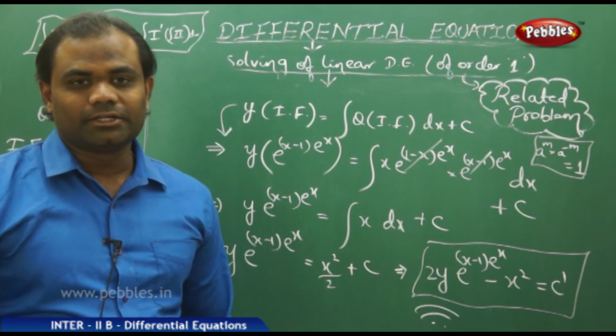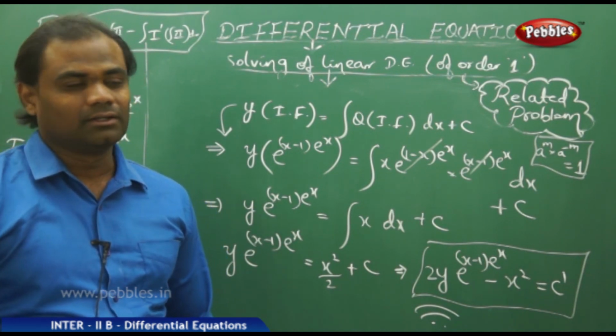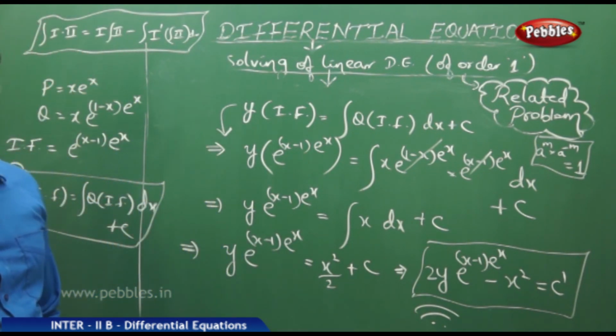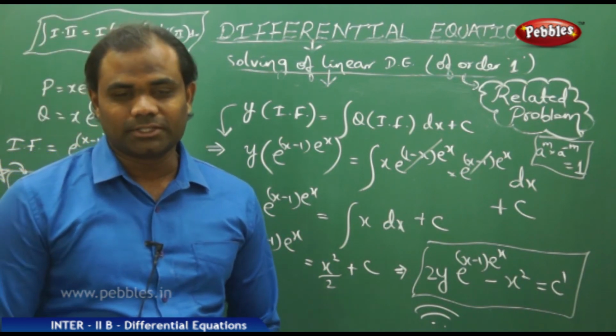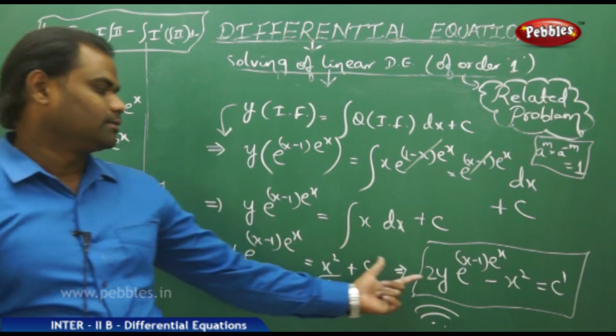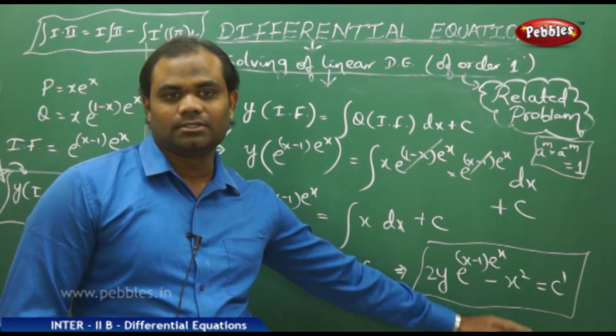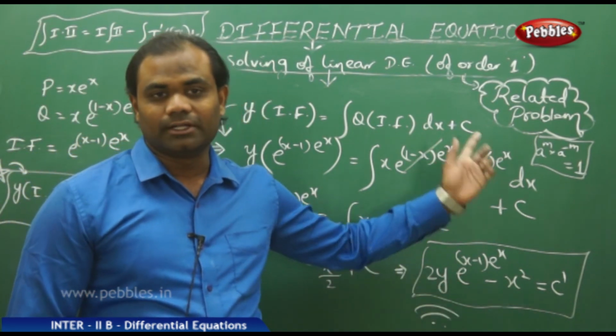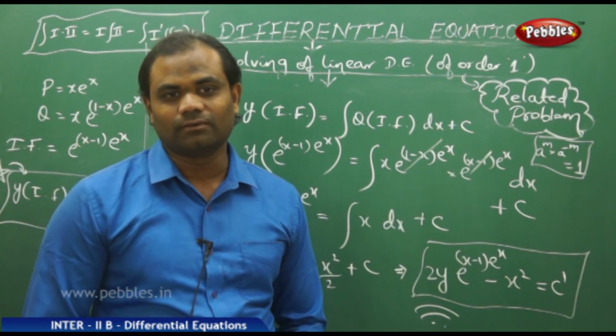So a linear differential equation of order 1 is solved using the integration factor e power integral p dx, and hence using the formula we get this. This is the solution of the given linear differential equation of order 1.